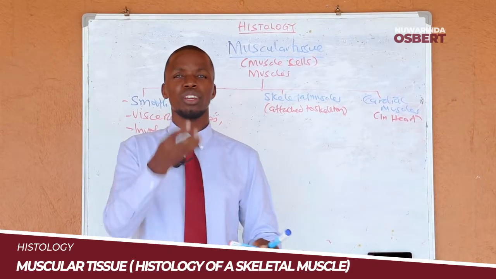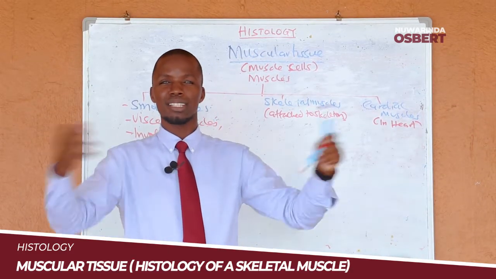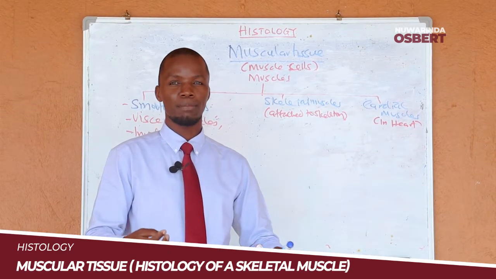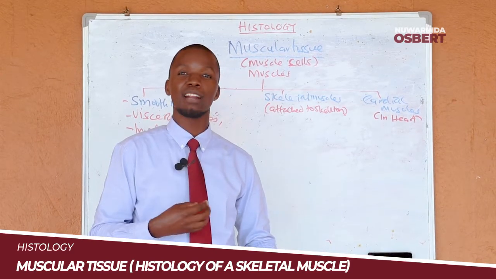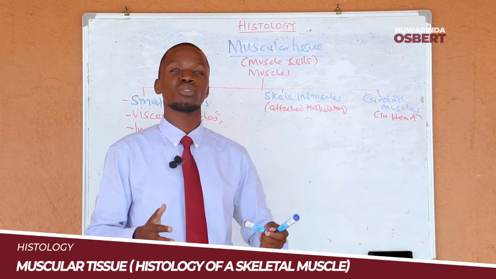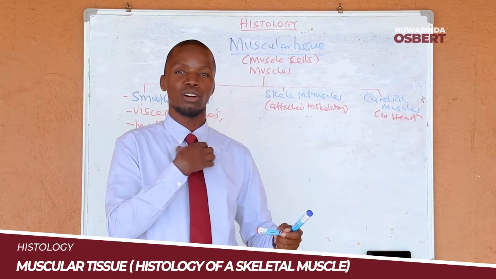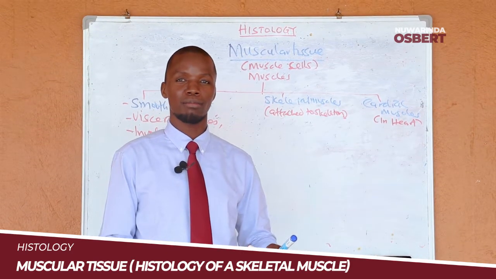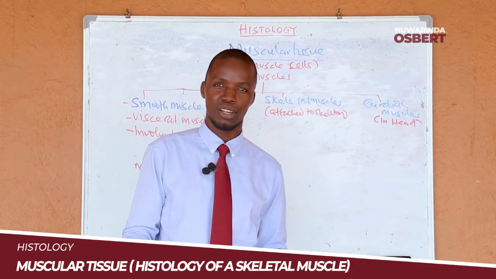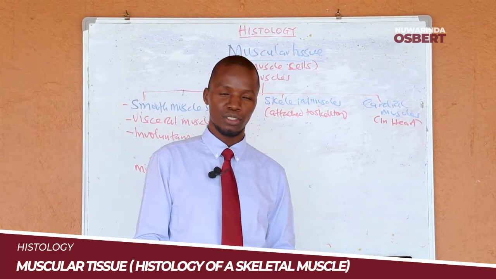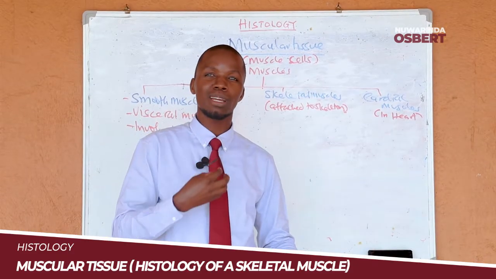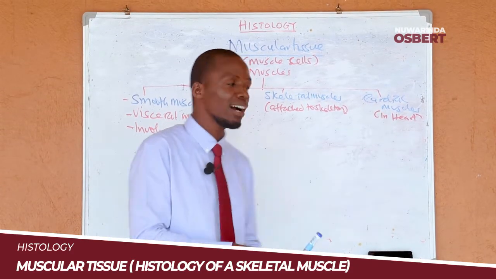When you eat food and you swallow, you don't know what is happening. The food moves within the alimentary canal by itself. There are muscles that keep on contracting and relaxing as they move food from the mouth, through the esophagus, down to the rectum, until it is defecated. Those muscles which make up the alimentary canal are smooth muscles.